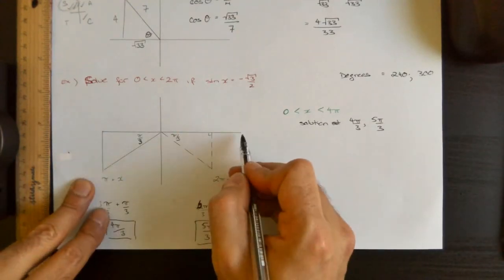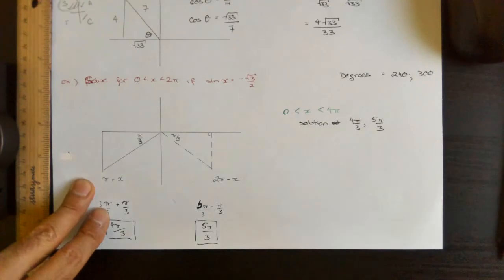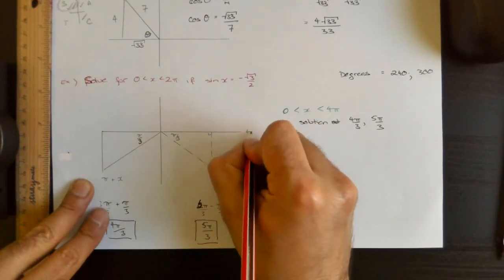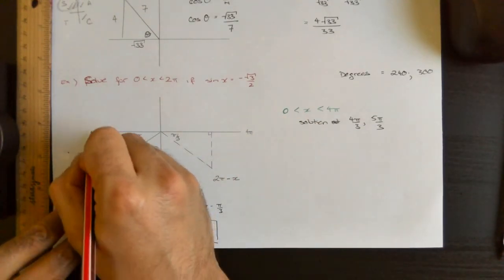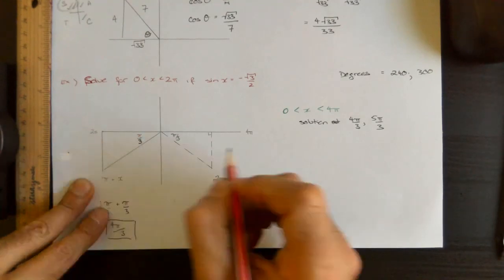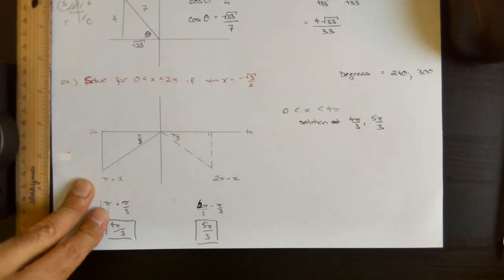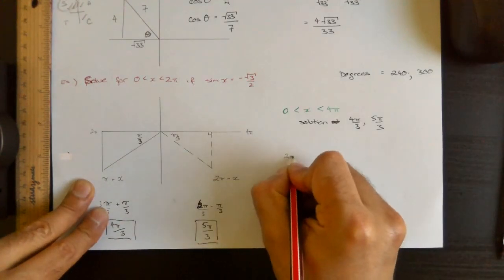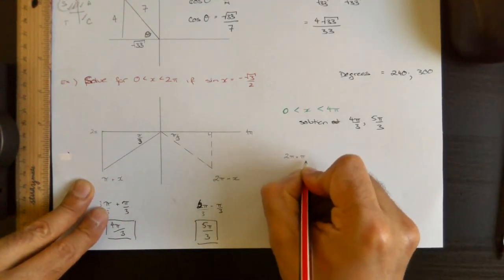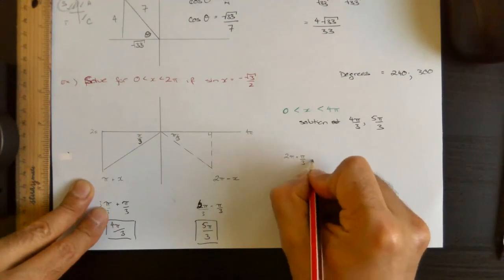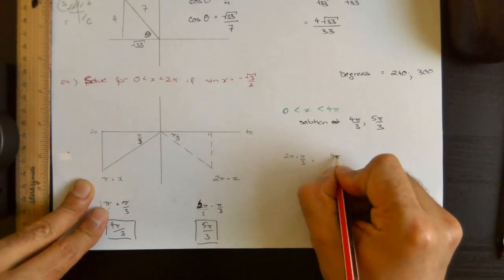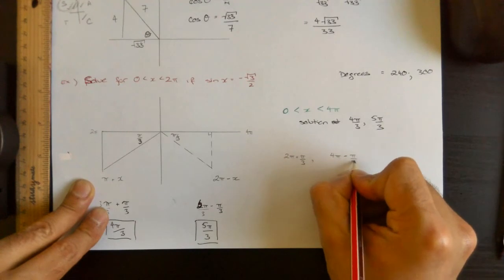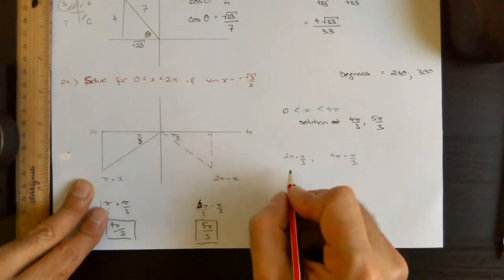If this was 2 pi, that now becomes 4 pi, and this becomes 2 pi. So the next solutions would be 2 pi plus pi on 3 and 4 pi minus pi on 3.